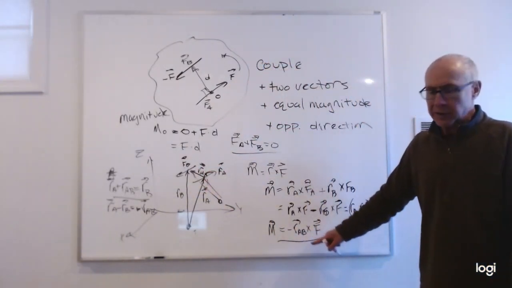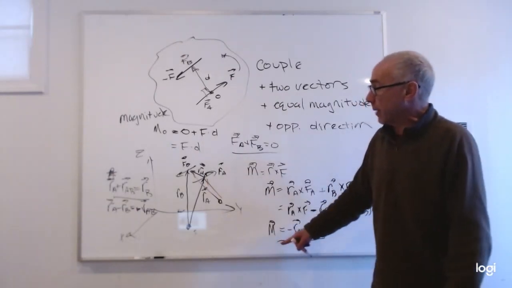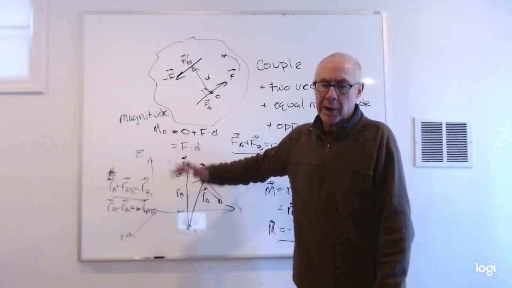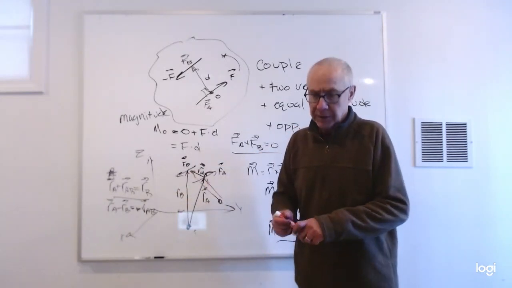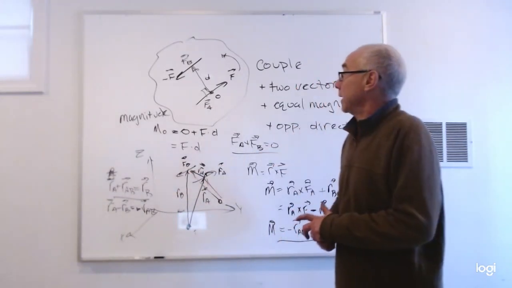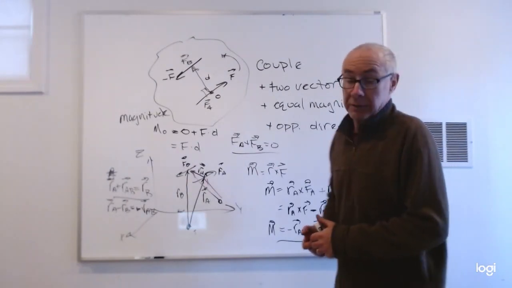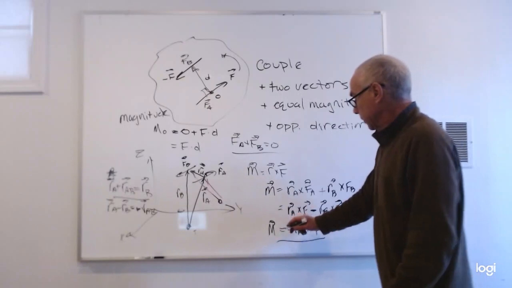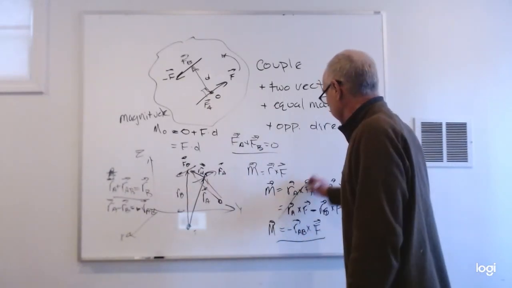So the moment caused by a couple does not depend on where you're evaluating the moment. It's odd but true, and it is a vector, and we call that a free vector.